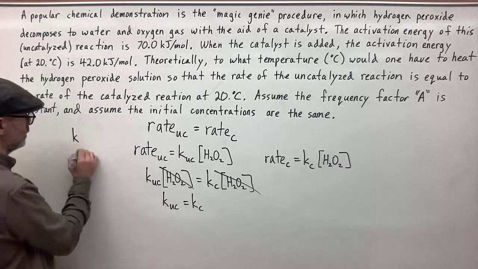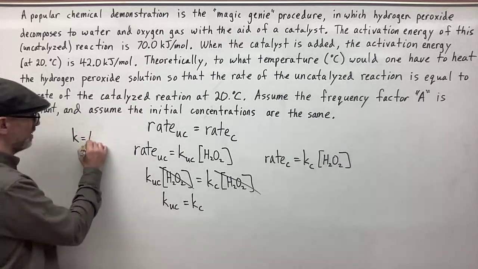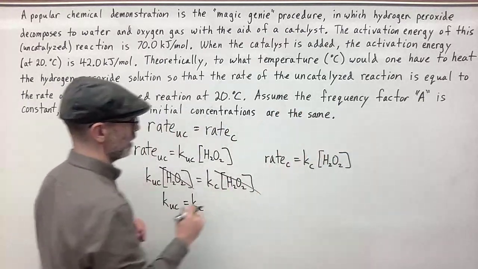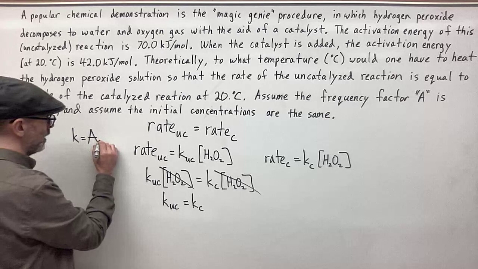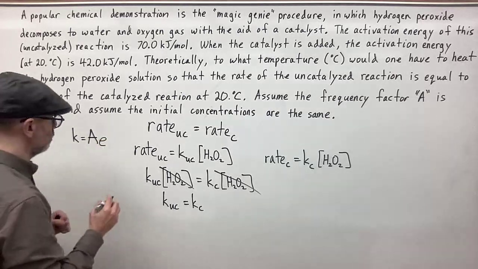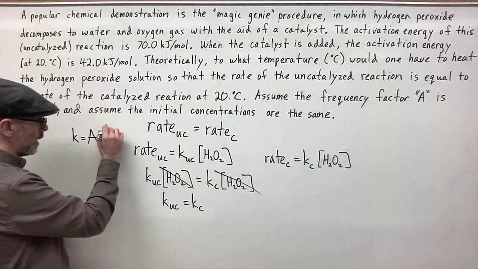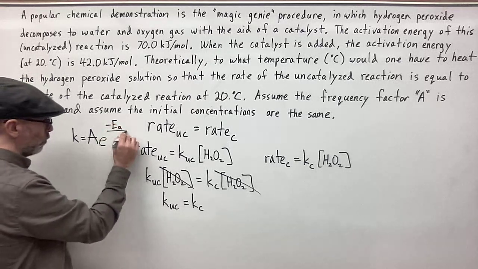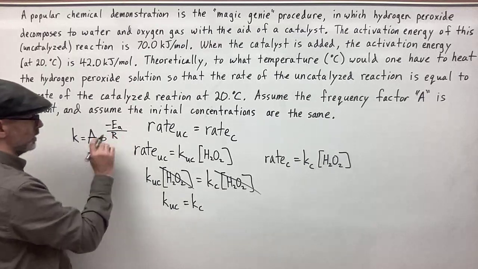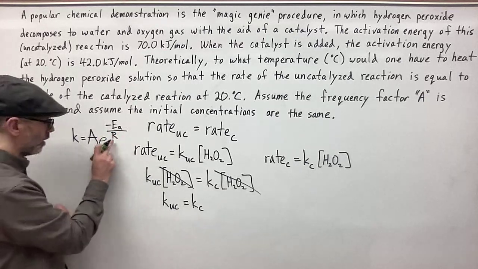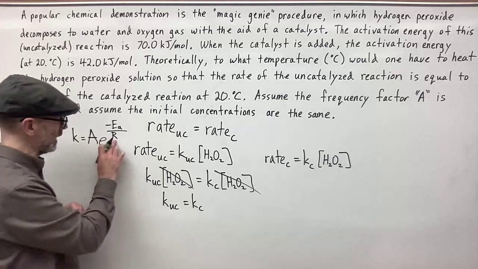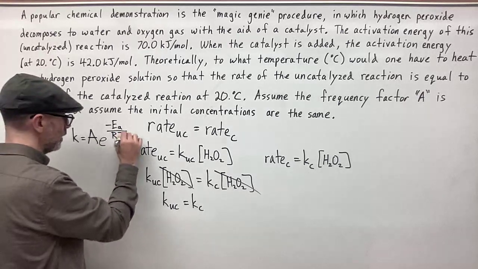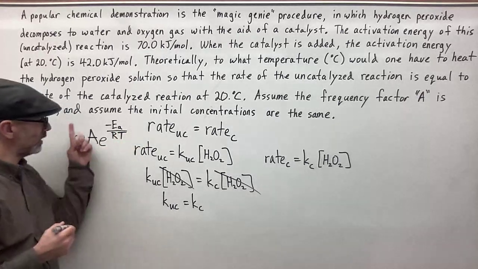The rate constant is equal to A, which is what we said was the frequency factor, multiplied by e raised to the power of negative activation energy over the ideal gas constant R multiplied by the temperature. So we could use this.